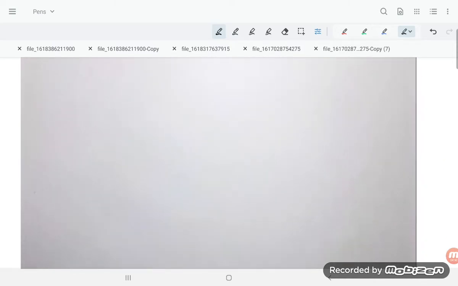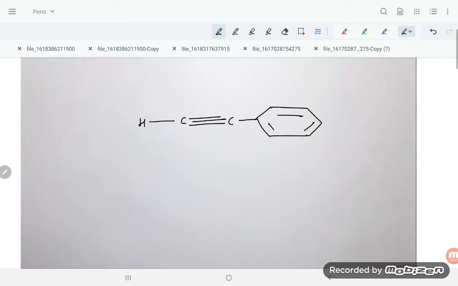Now let us have a look over it, student. Suppose the compound is HC triple bond C, and here is a phenyl group. How can you name it, students? This is the one and this is the two.